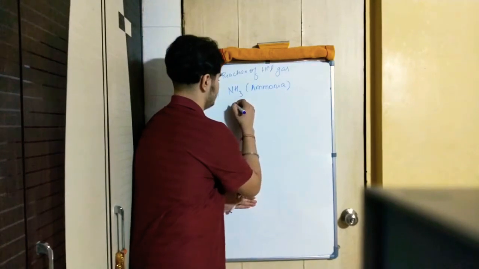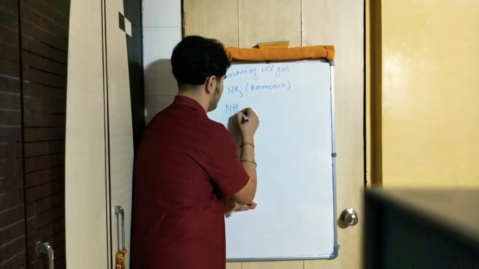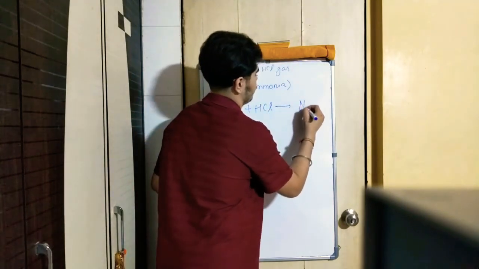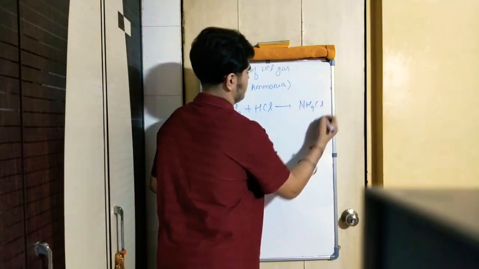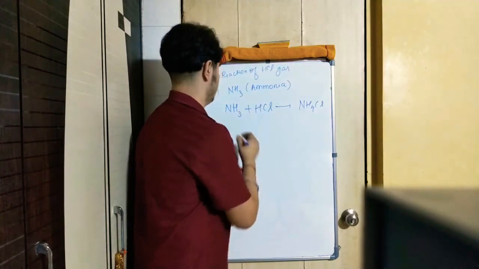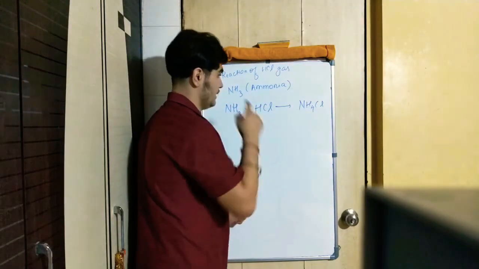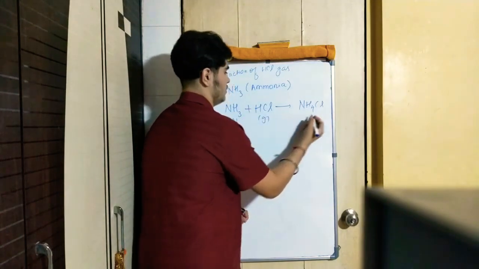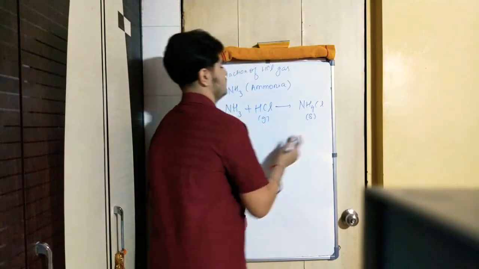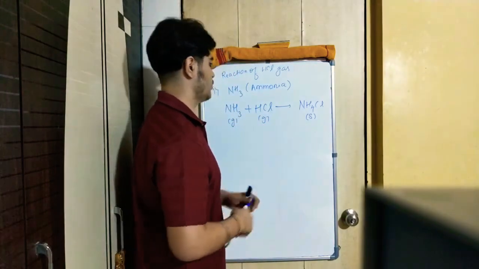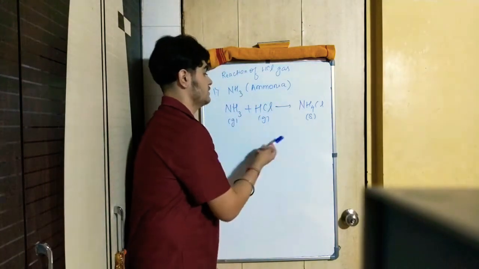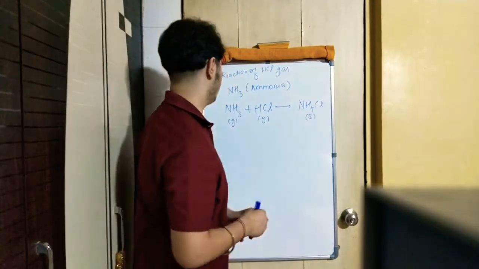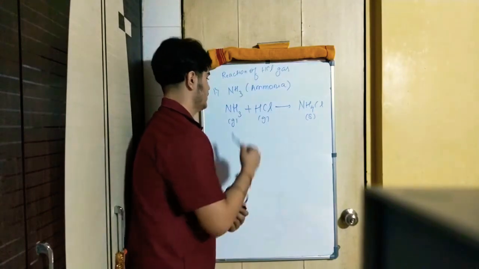You get the reaction like this, giving NH4Cl. It's an interesting thing that two gaseous compounds give rise to a solid product. Two gaseous reactants give rise to a solid product. So this was the reaction of HCl gas with ammonia.